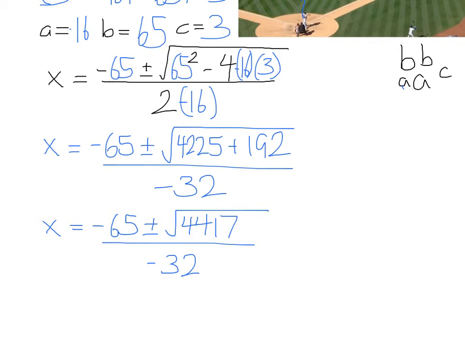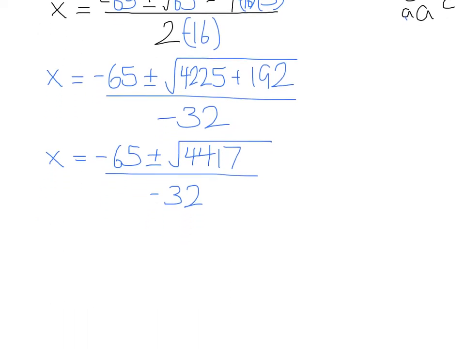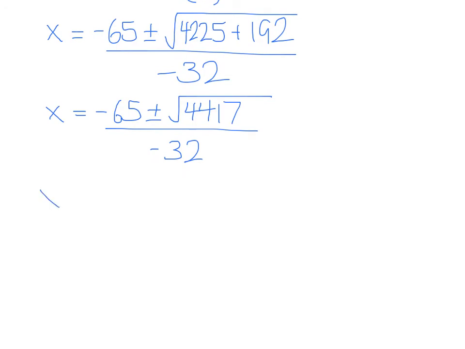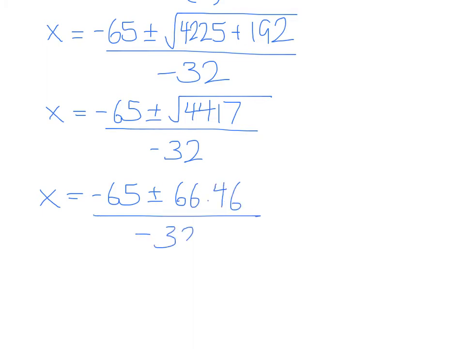All right, so let's take what this is. We imagine 4,417 is not a perfect square. In fact, it is not a perfect square. So if we use our utilities to help us, we'll realize that the square root of 4,417 rounded to the nearest hundredth, as the instructions asked us to do, is 66.46, and we're still dividing by negative 32.